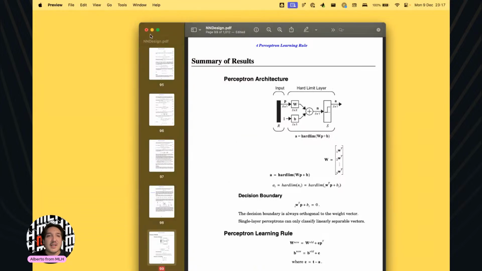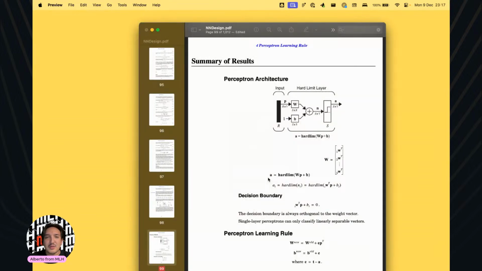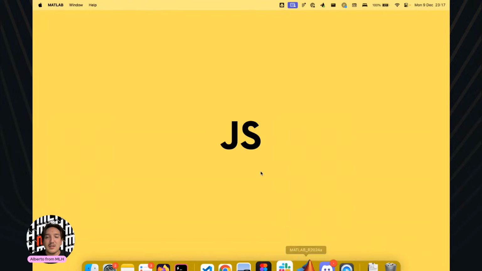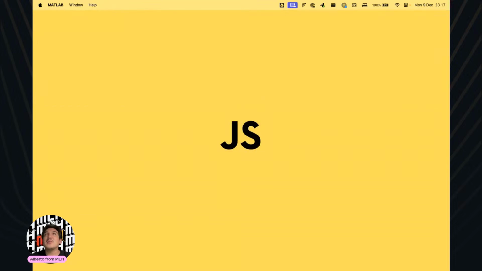Oh my god, what's happening? I'm going to close this. Reverse changes, because I didn't want to make any changes at first. Come on, MATLAB. I'm going to close it completely, like, quit. I don't know what happened. Sorry for the difficulties. Give me a second, now I'll try to open it again.